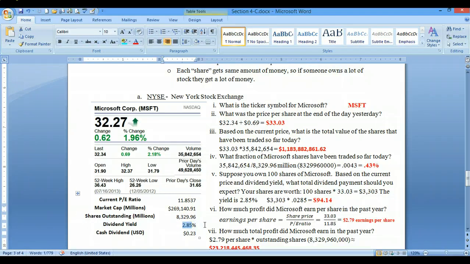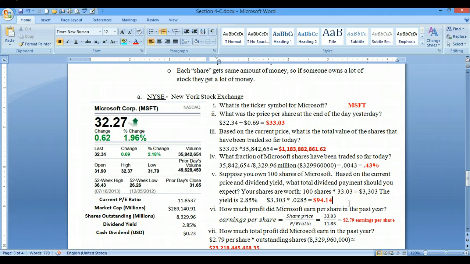So if I have 100 shares that are worth $33.03 per share, my shares are worth $3,303. With a yield of 2.85%, changing it to a decimal of 0.0285, multiplying that together gives me the yield in my dividend of $94.14.